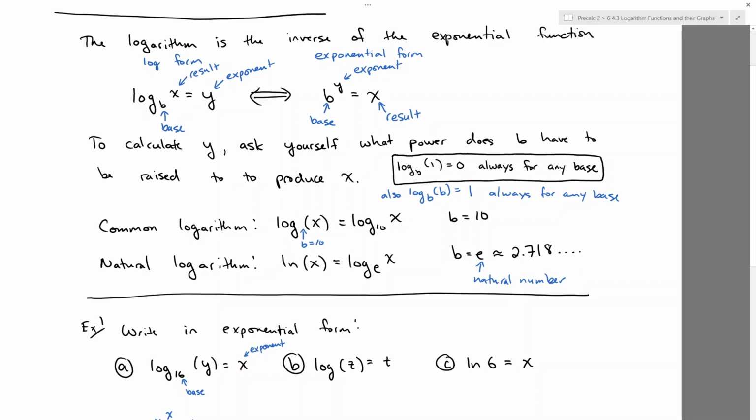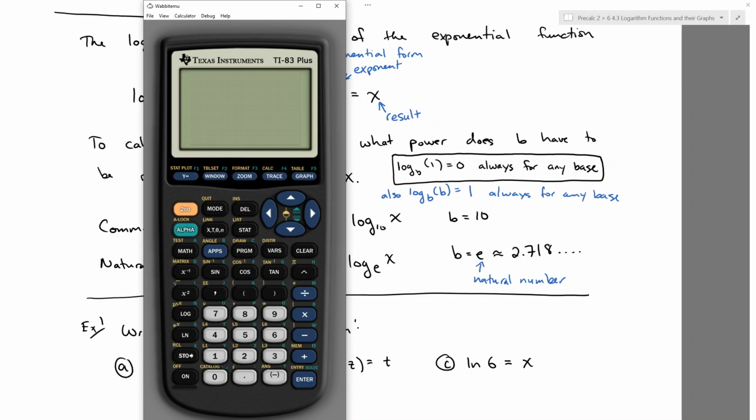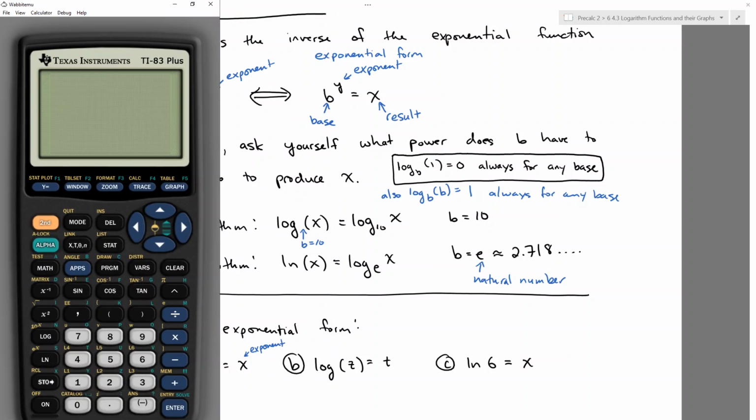We're going to work a lot with the natural log and base e, so you should be familiar with where these functions are located in the calculator. On this graphing calculator, this is the common logarithm, this is the natural log, and if you want to exponentiate with the natural number, there's e to the x here.